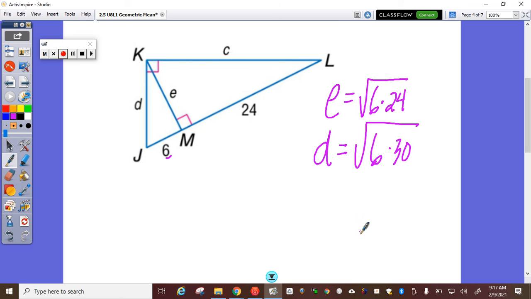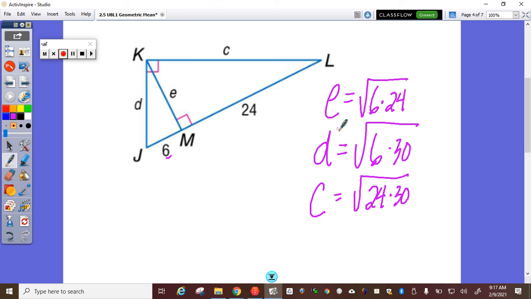Okay? And then C is equal to the geometric mean, again, part of this triangle right here is 24. And C is also part of the larger triangle. So 24 and 30.